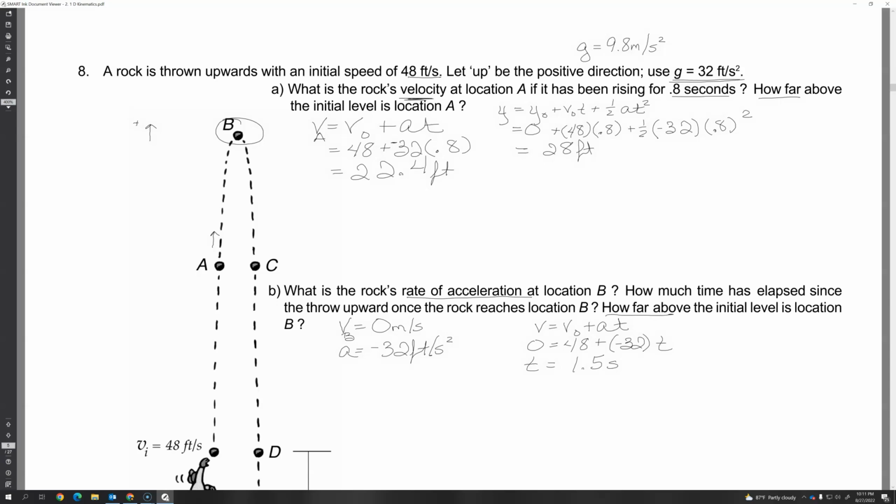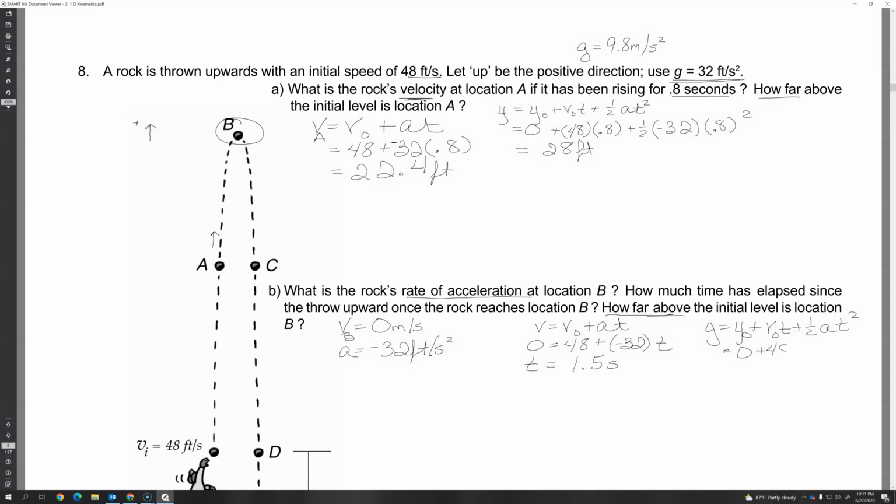I want to know how high up are we? Well, in this case, we're not using x, we're going to be using y, so let me go back here. We're doing vertical, so I'm going to stick with y. y equals y naught plus v naught t plus 1/2 a t squared. We started at 0, we called that 0.